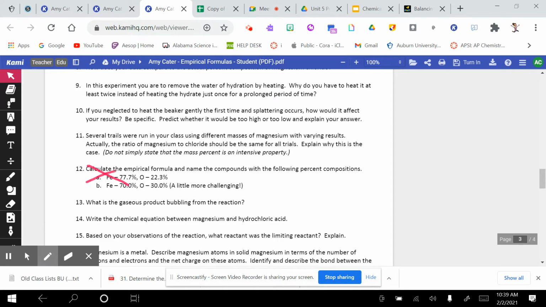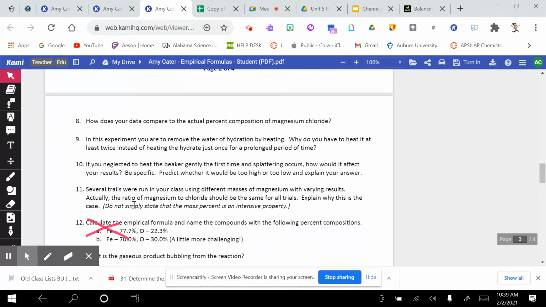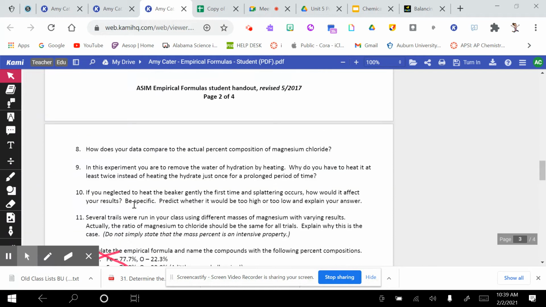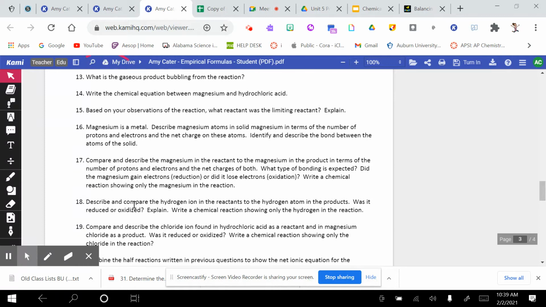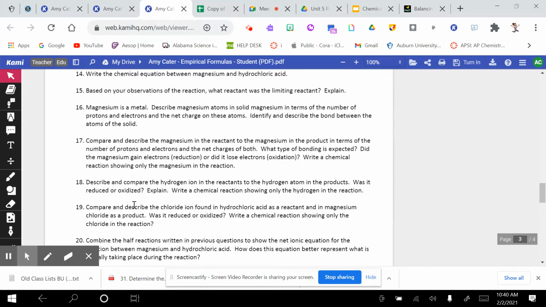Do not need to do number 12. You do not need to do number 15. You do not need to do 19 or 18 or 20.